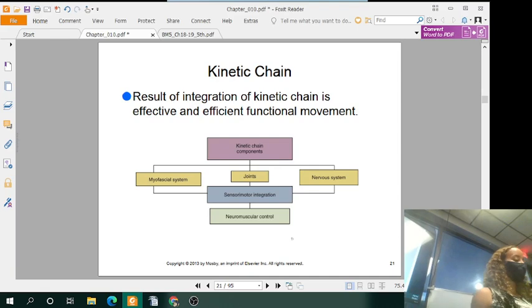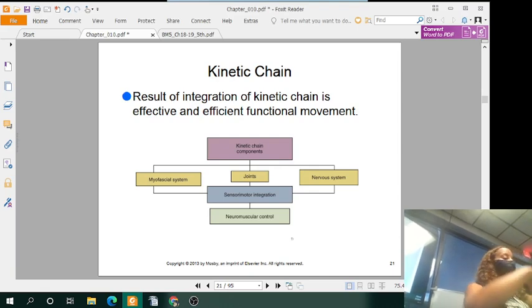So there's all kind of actions that happen around all our joints, and it's all related to the sensory information that gets sent through, and the nervous system relates from the brain to the body parts what to do, what not to do. So when everything is working good, then we have pretty much good balance when they cooperate.